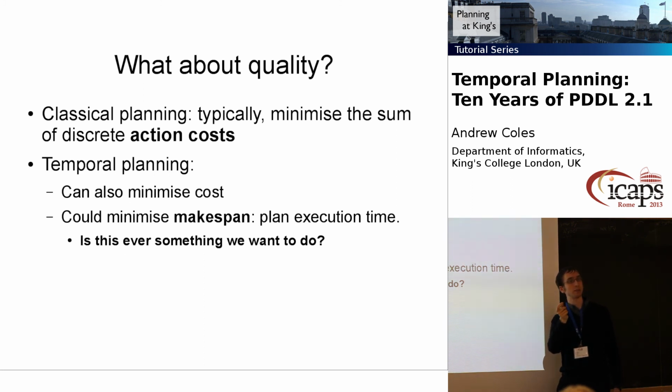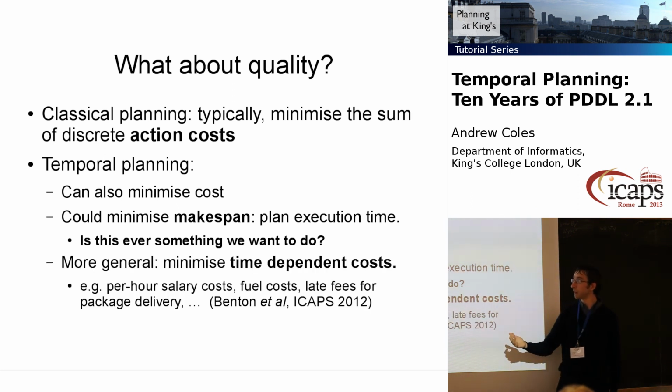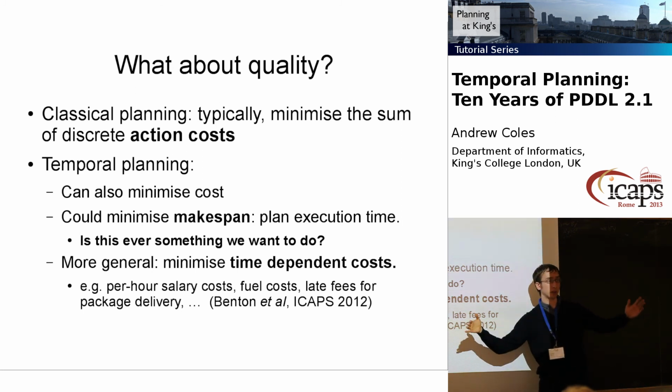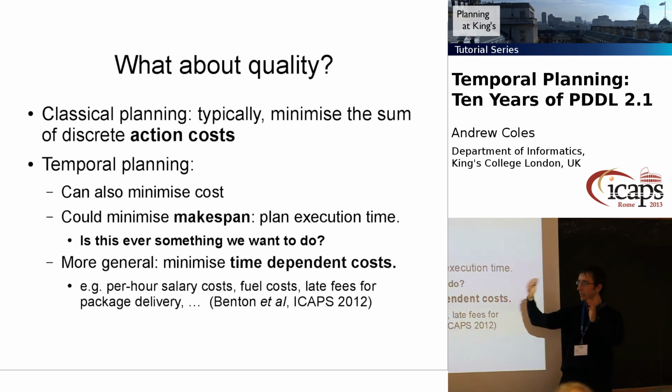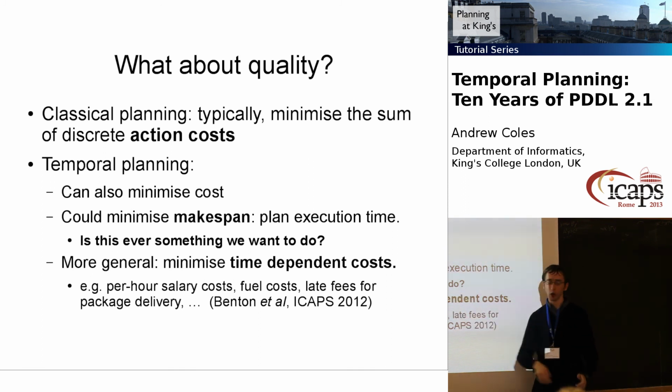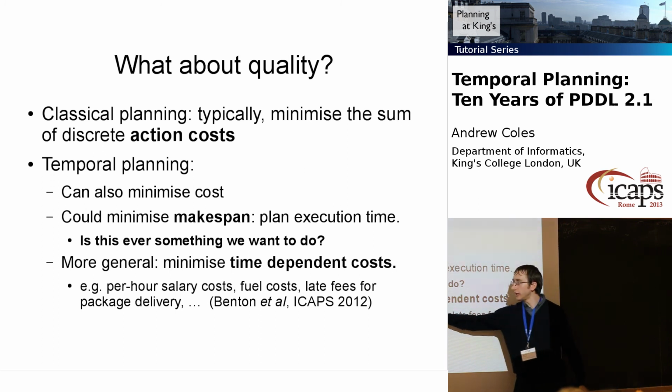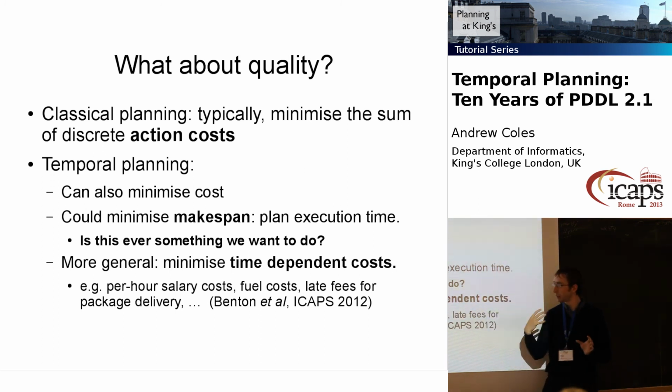Sometimes minimising makespan is actually a poor approximation to what it was we really wanted to do. If we're doing something like package delivery, then we might want to minimise our total late fees. So a plan which gets everything delivered, such that the last thing is delivered as early as possible, internally might be very suboptimal in terms of the individual goals, which might be achieved at bad times. Or perhaps instead of the overall time, we actually really care about some per hour costs.